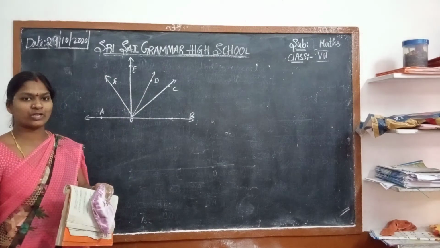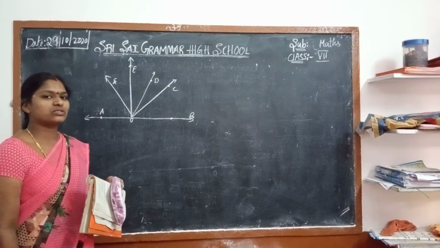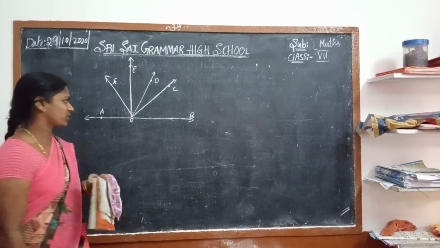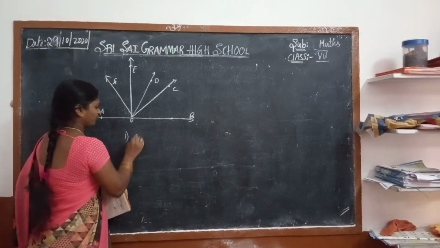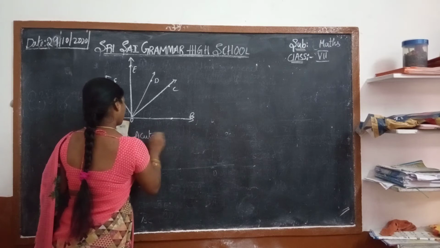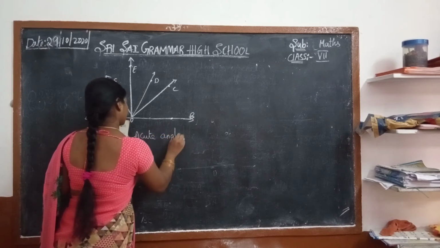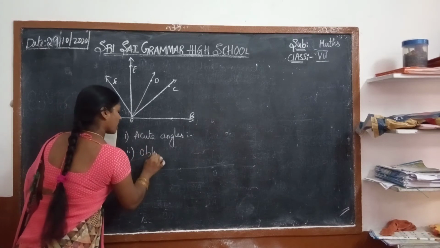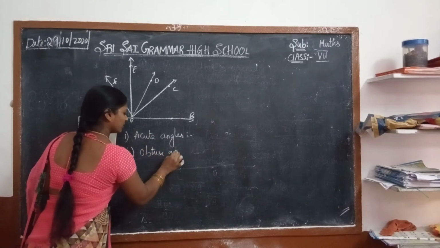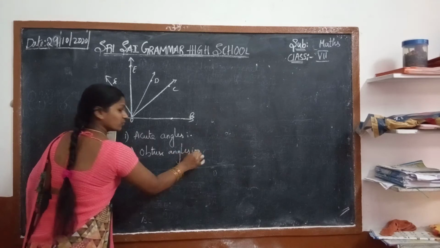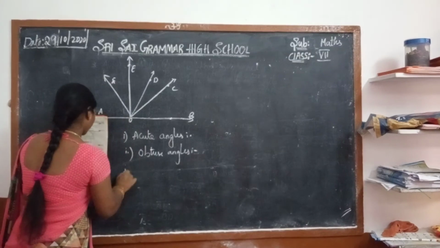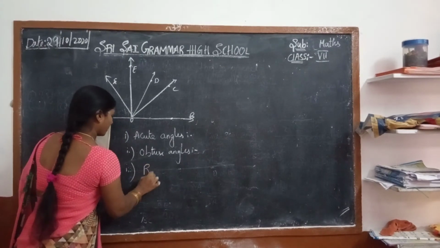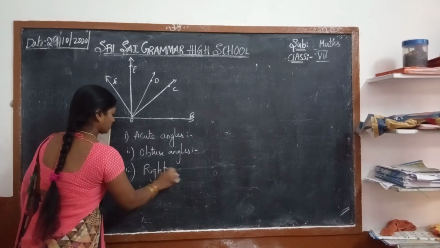From this we have to write acute angle and also obtuse angle, straight line. First one, acute angles. Second, obtuse angle. Now, straight line. Right angle.